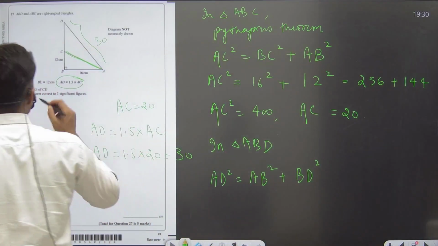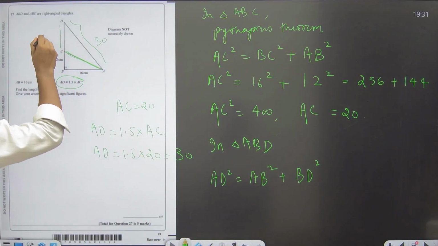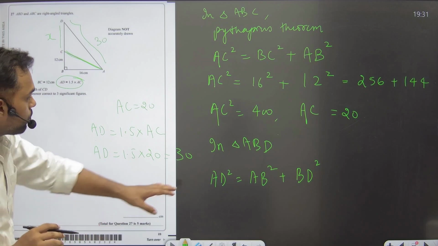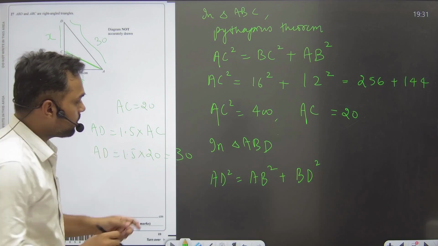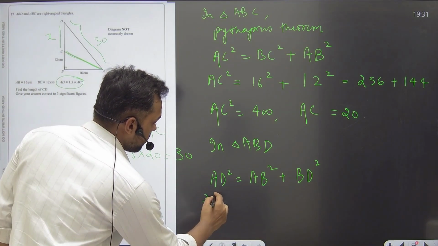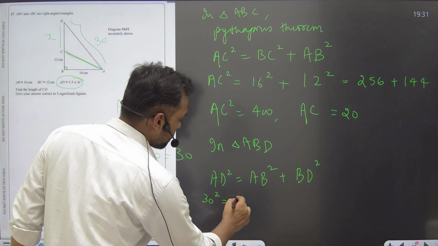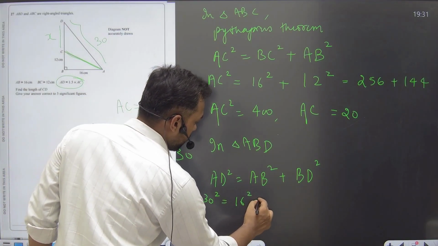Now let the distance between C and D be X. AD we have already calculated, so 30 square equals AB square, AB is 16, so 16 square plus BD square.